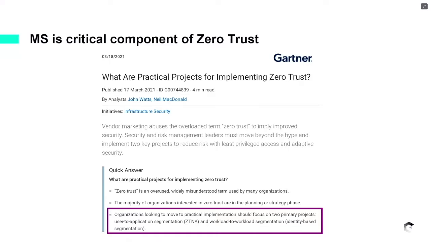Gartner is also pitching in, tying the Zero Trust concept together with microsegmentation. So just a few trustworthy third-party statements to support the relevance of talking about Zero Trust, microsegmentation, and ransomware in one sentence.